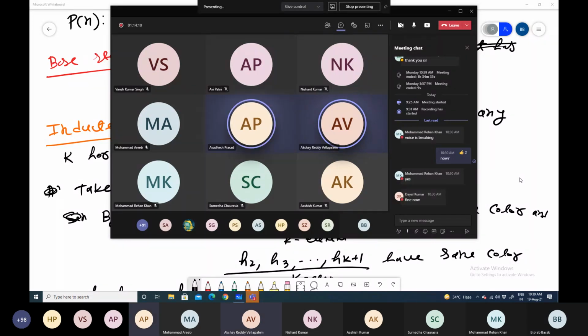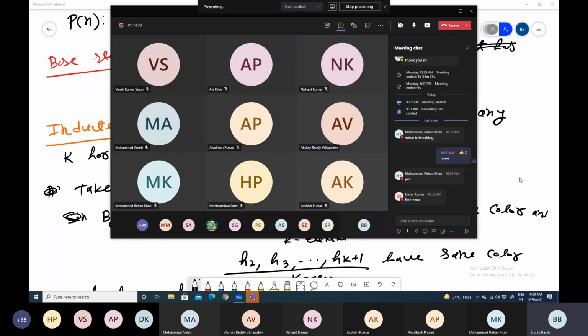Right, that's not the same. Sir, we just proved that given any finite integer, we can have a set of finite n horses of the same color. No, we are not saying that. No, but that's what we proved. No, we did not prove that.